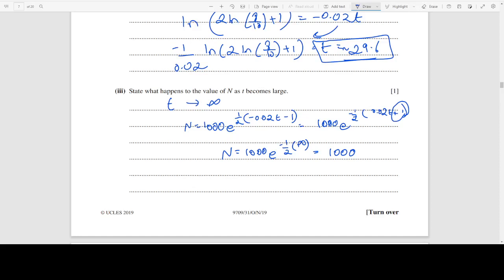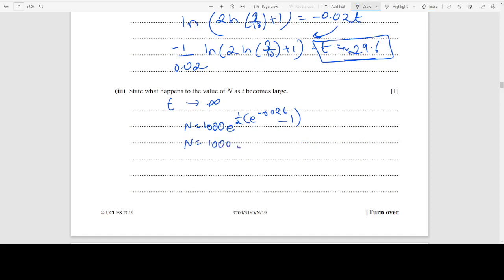Oh, sorry guys, I just realized I made a mistake over here. This is actually 1 half e raised to minus 0.02t minus 1. So N equals 1000 e raised to 1 half, and e raised to negative infinity is simply 1 upon e raised to infinity, which is 1 upon infinity, equal to 0.